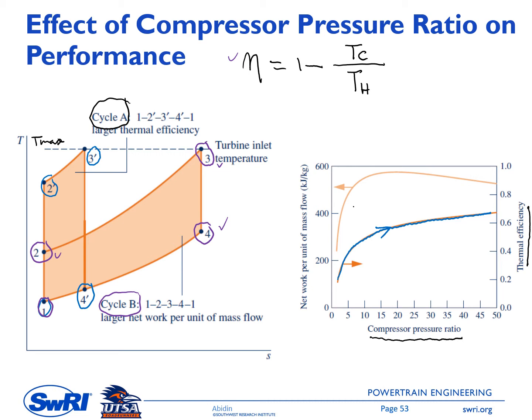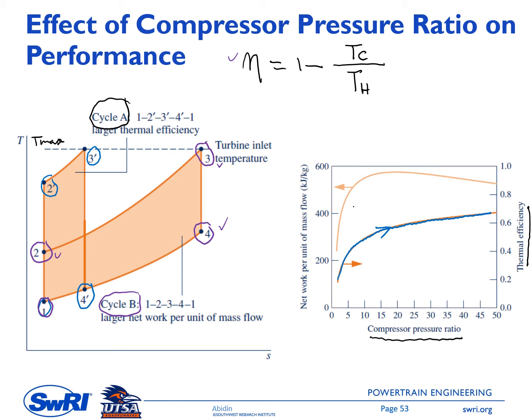So depending on the purpose of the system design, whether we want maximum thermal efficiency or a smaller size, it will drive the direction of the design. So design A, once again, is intended to have a system with higher thermal efficiency. And so in this case, the size doesn't matter.